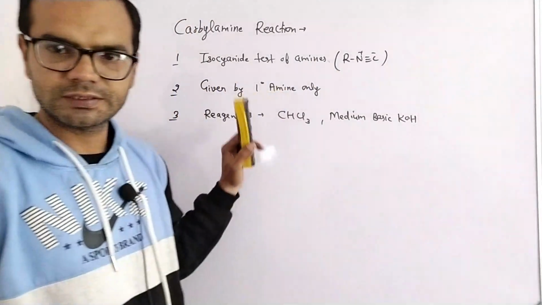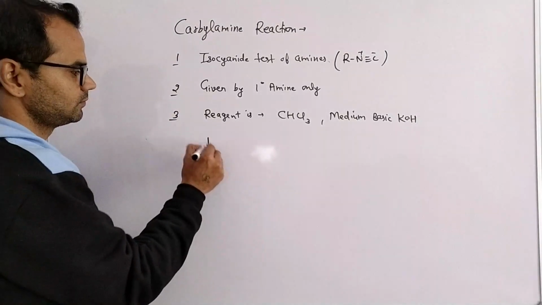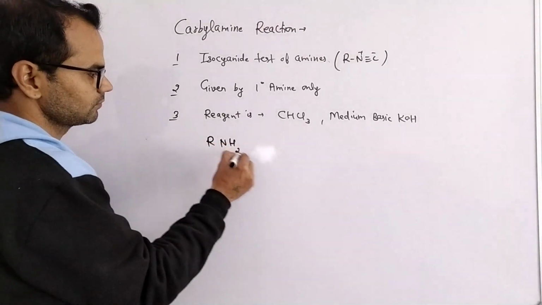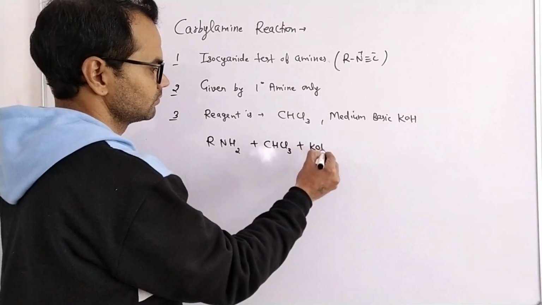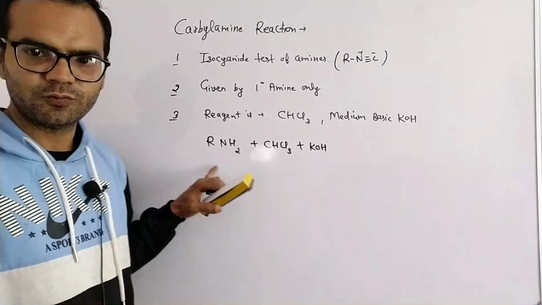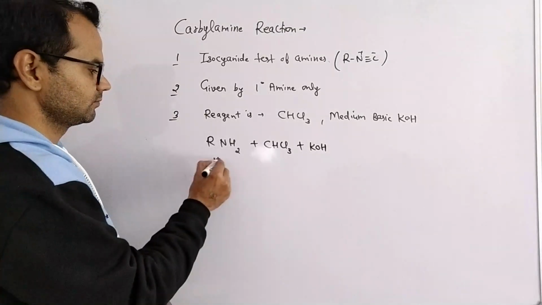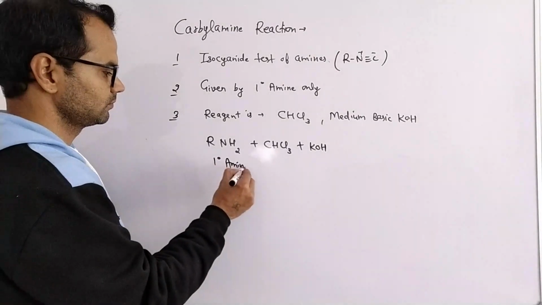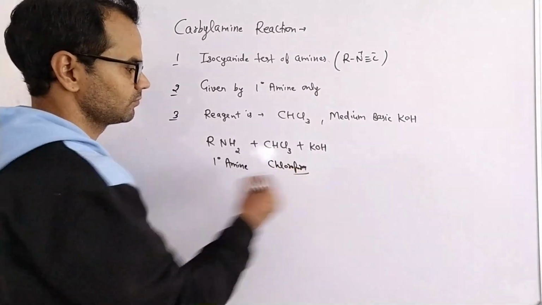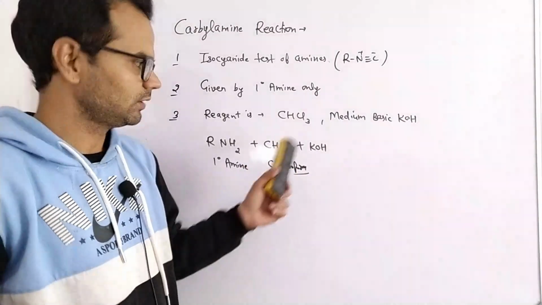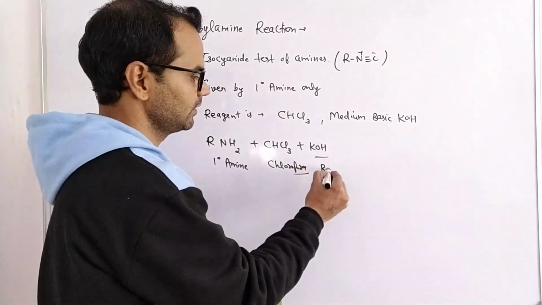So the general format is: this is a 1 degree amine, CHCl3 is chloroform, and this is a strong alkali, basic medium.